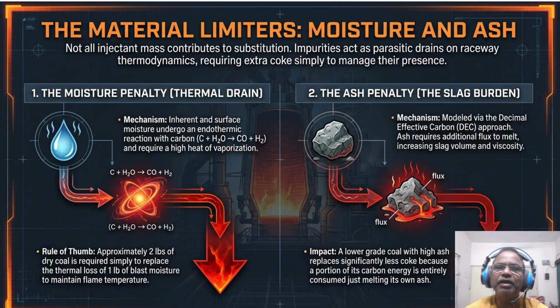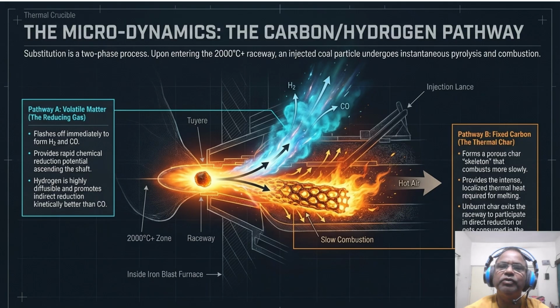So to understand how these materials react, we have to look inside the 2000 degree centigrade environment of the raceway, which is all about this slide on the microdynamics, the carbon hydrogen pathway. Look at this high speed schematic of the injection line.